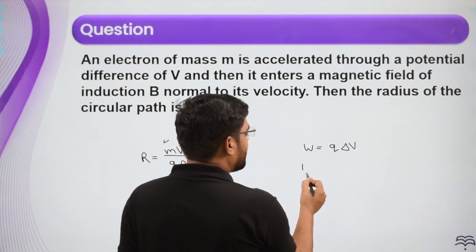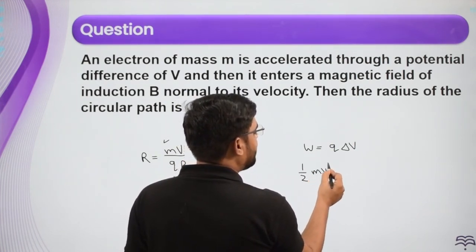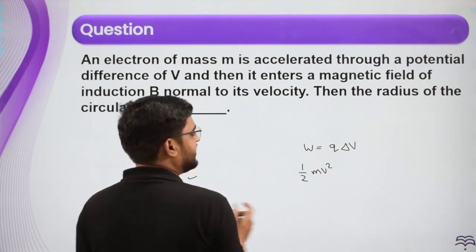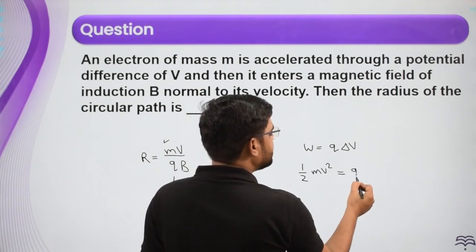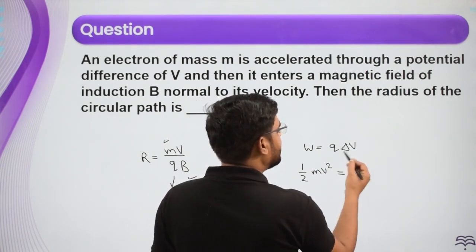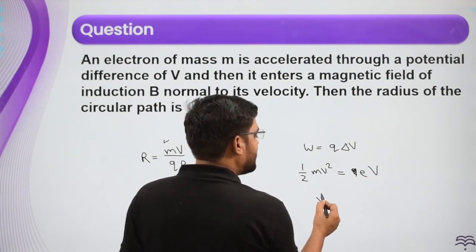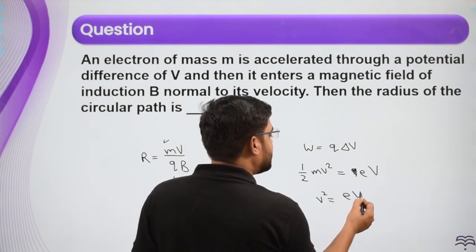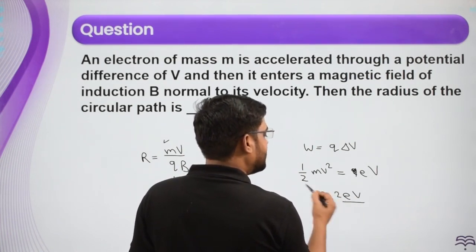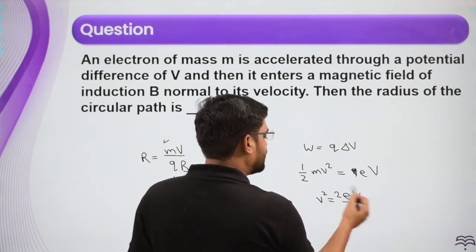So work done is equal to half mv square, where this v is the velocity which we need, is equal to charge Q, which is E, and the voltage is capital V. So my v square is nothing but 2EV by m, and root of that, right?